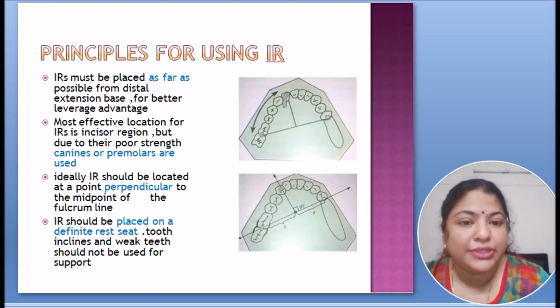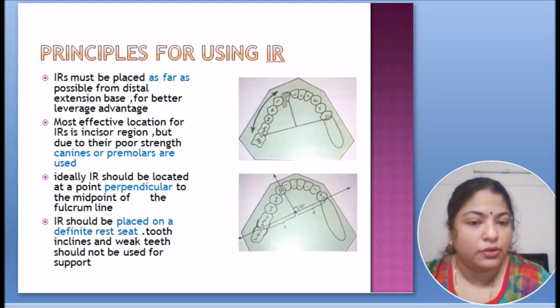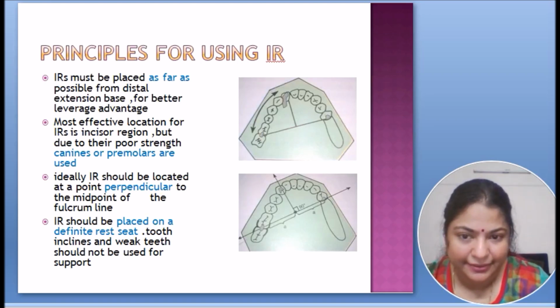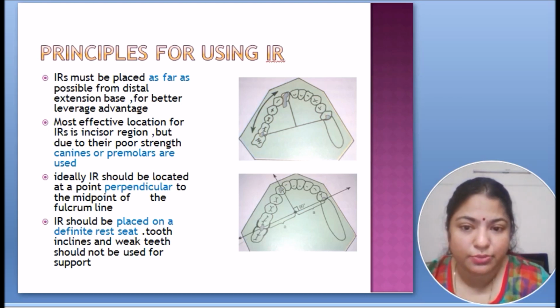Now how do you use an indirect retainer to reduce and control this movement along the fulcrum line? The indirect retainer must be placed as far as possible from the distal extension base for better leverage advantage. The most effective location for the indirect retainer is the incisor region, but due to the poor strength, canines or premolars are the most preferred teeth.